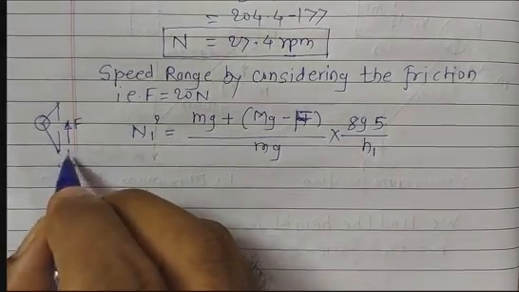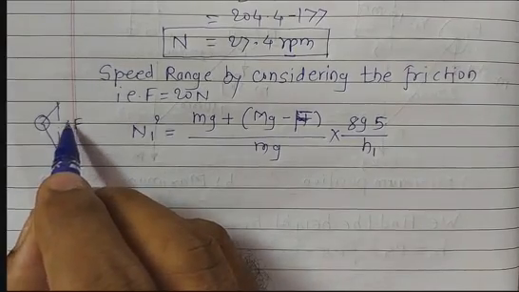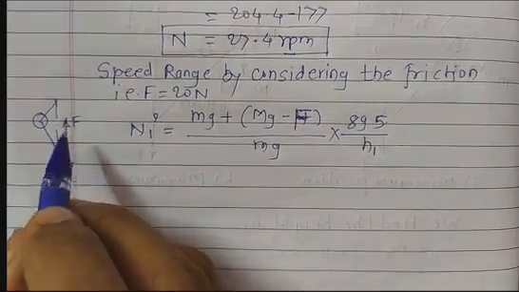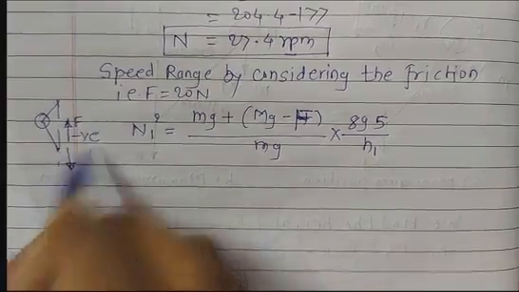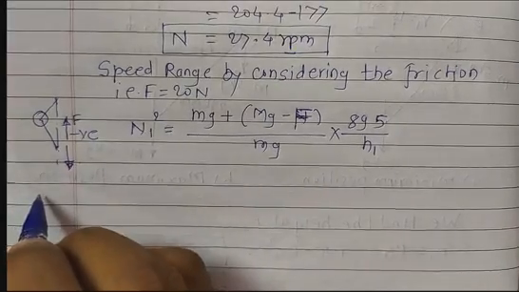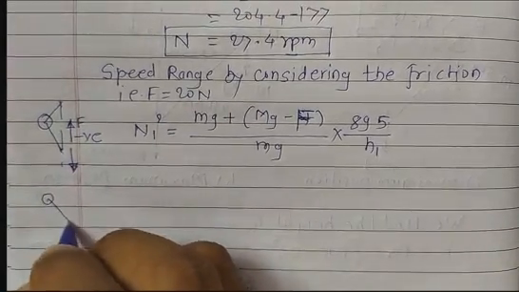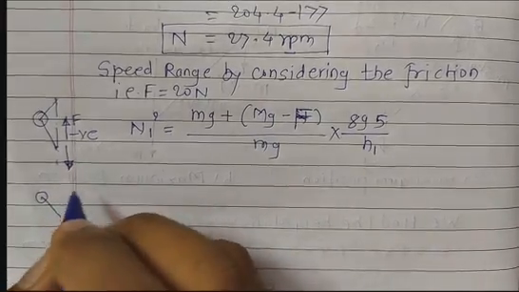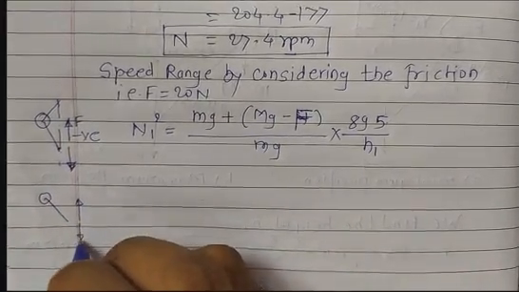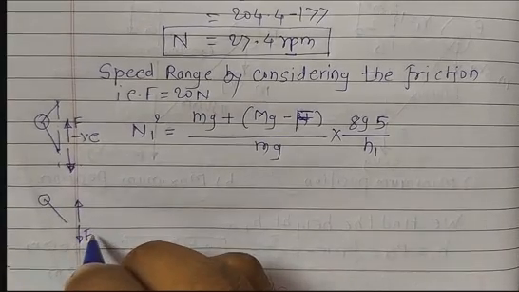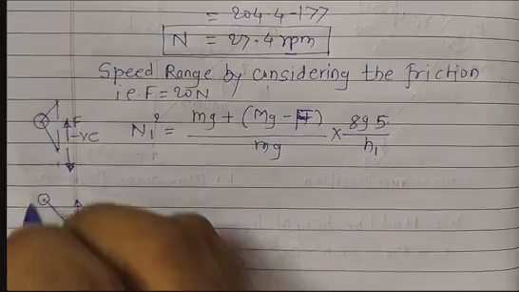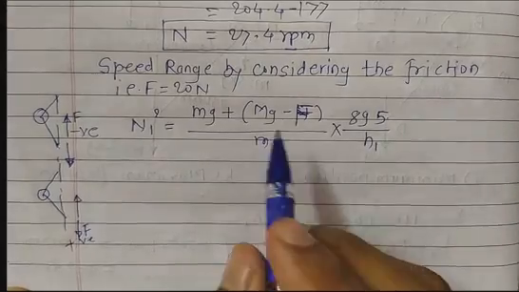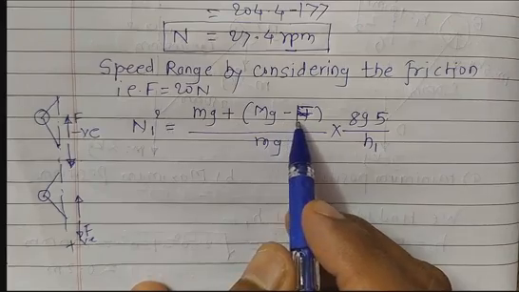Here is the direction of movement of the sleeve and here is the frictional force. When the frictional force is in upward direction, you have to consider that frictional force as negative. In the reverse case, when the sleeve moves in upward direction, the frictional force acts in the opposite direction, so you need to consider that frictional force as positive. I hope this concept is clear to you. So by considering that concept, the negative sign is considered here.